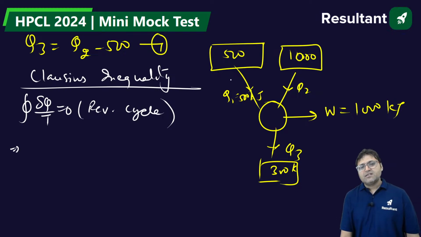Because the cycle is given as reversible, cyclic integration of del Q by T is equal to 0. So heat is added to the engine at 500 Kelvin, so that is positive. Heat added to the system is taken as positive. This is our system.